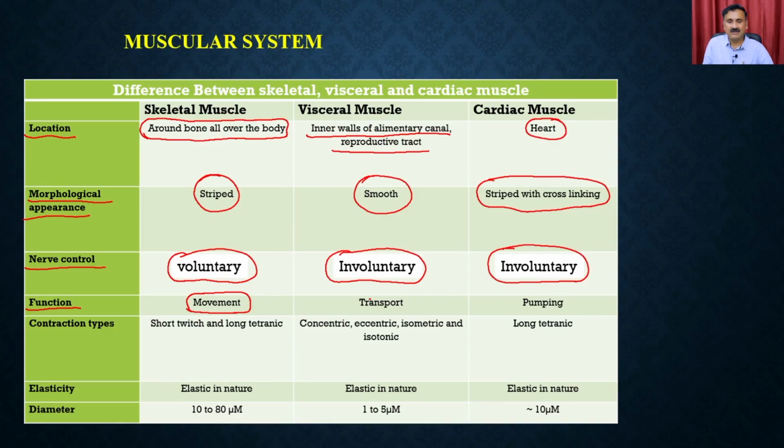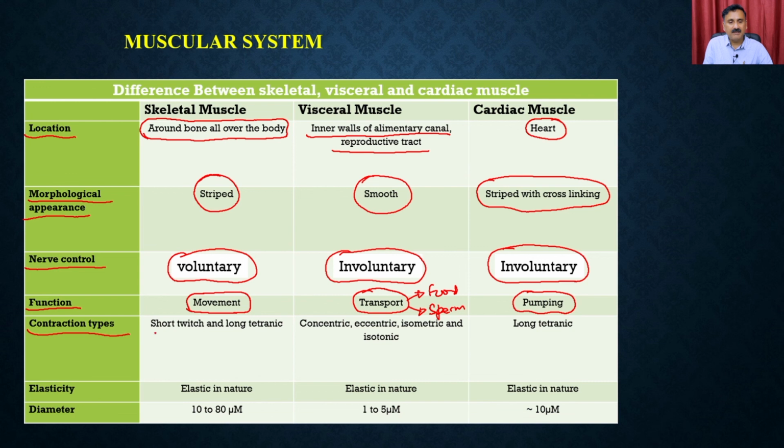Whereas the visceral muscles function in the form of transport. They transport the food, or the gametes like the sperms or the ovum. The cardiac muscles are only for pumping. They are present in the heart, and they help in the contraction as well as the relaxation of the heart.